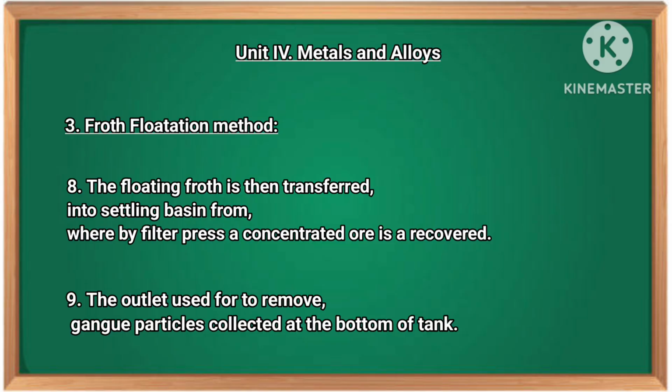After that, the outlet is used to remove gangue particles and they are collected at the bottom of the tank. We already saw in our diagram how the gangue particles are collected separately. So in this way we concentrate a sulfide ore by the froth flotation method.